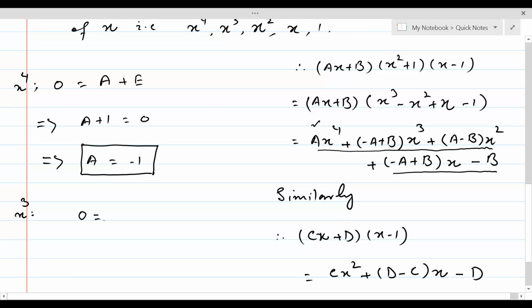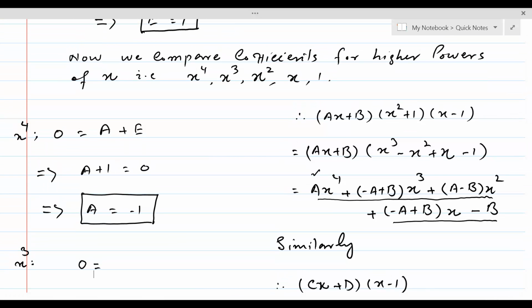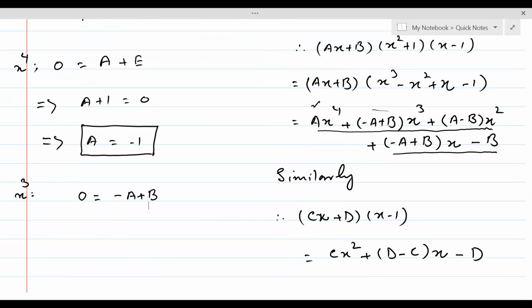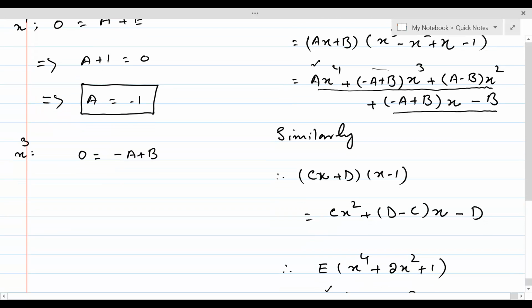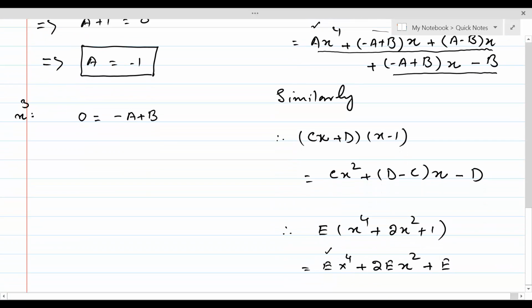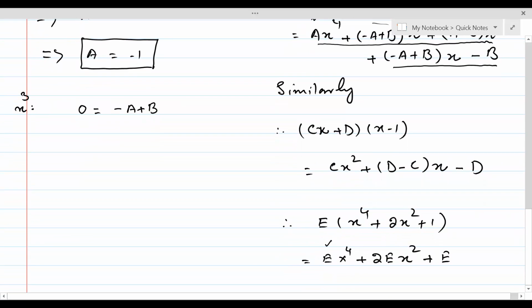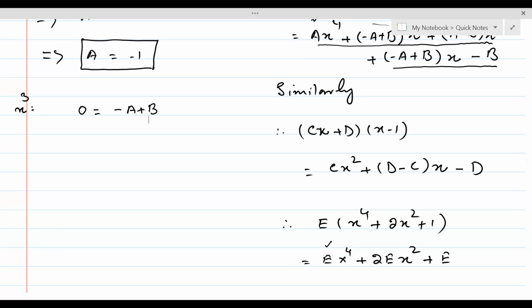On the other side, x³ appears in the first term as minus A plus B. There is no x³ in the second term, and there is no x³ in the third term as well. So that's it.